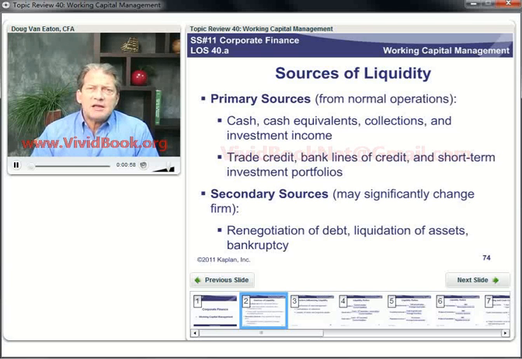We can have bank lines of credit and short-term investment portfolios as a source of liquidity. Now, these are all normal operations. Secondary sources, ones that might significantly change the firm, are renegotiate our debt, liquidate some assets, or go through bankruptcy proceedings.